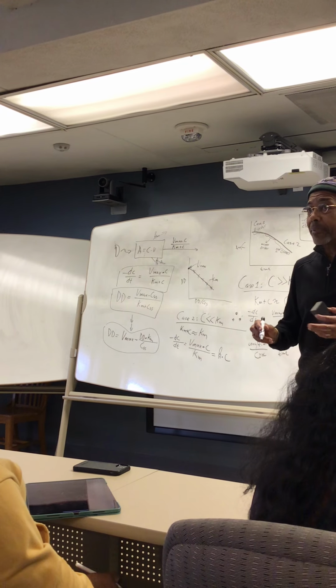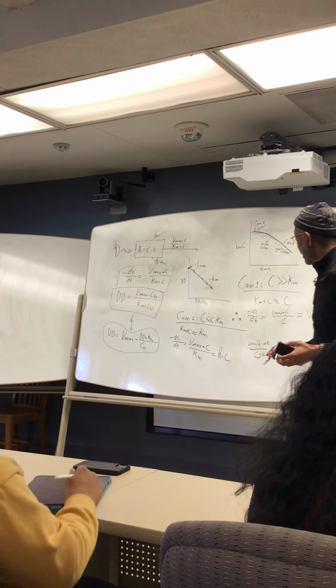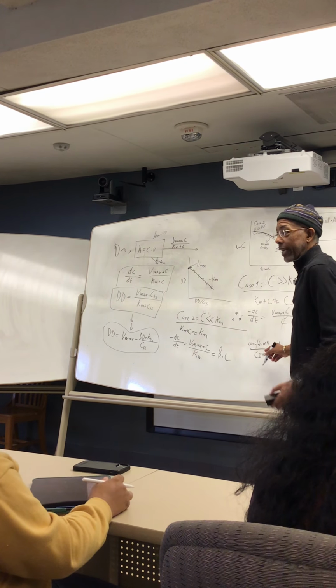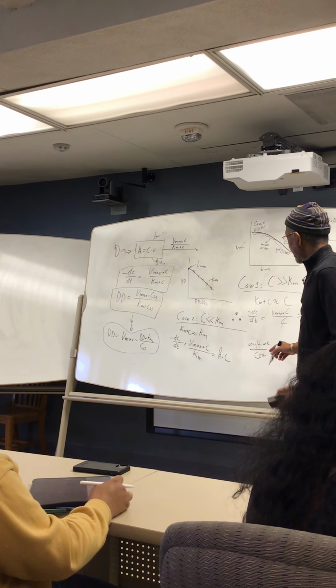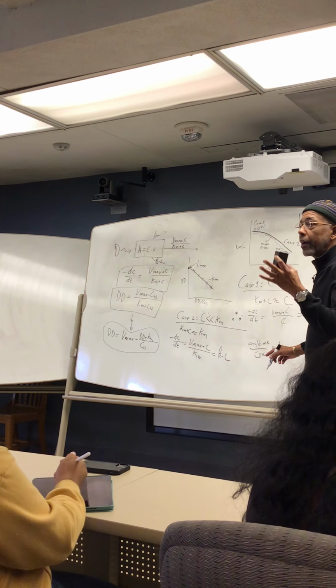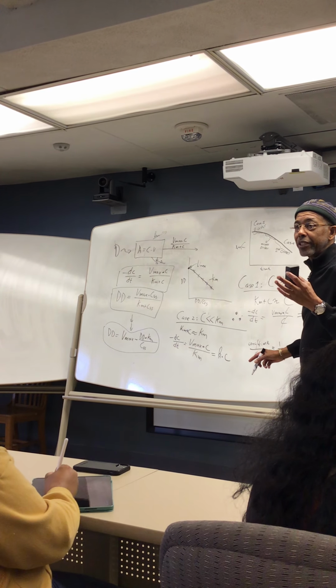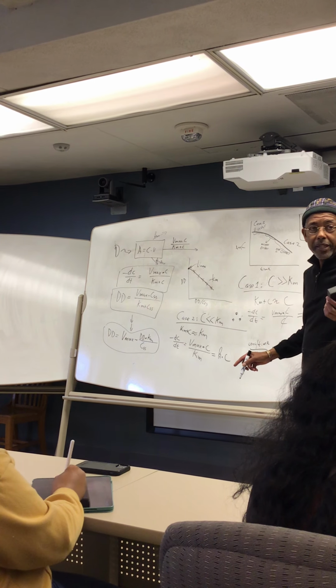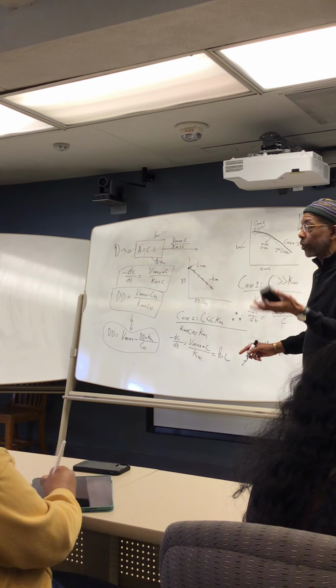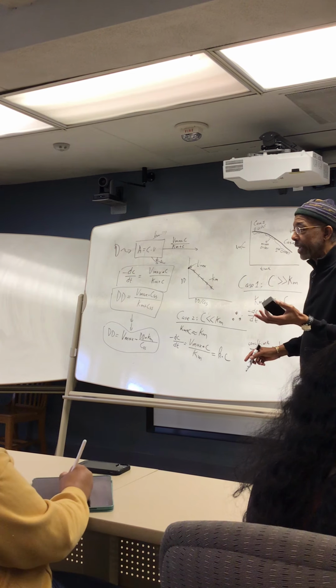I'm trying to get some dialogue because come next exam and final, I can make a multiple choice question over there. So if you can see that relationship, you can see that the only pharmacokinetic parameter that has units of reciprocal time that we've talked about this semester is the first order rate constants, KU, KM, or whatever.